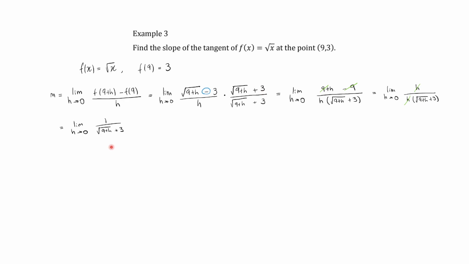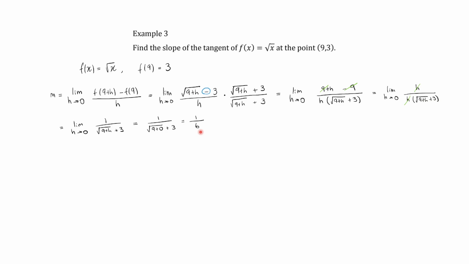And now we are able to evaluate the limit by substituting h with 0. So that is going to give us 1 over the square root of 9 plus 0, plus 3. And of course, that's going to be equal to 1 over 6. The square root of 9 is just 3. 3 plus 3 gives us 6.